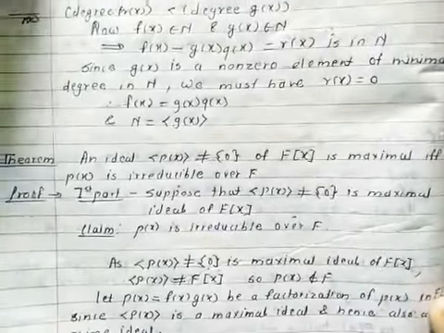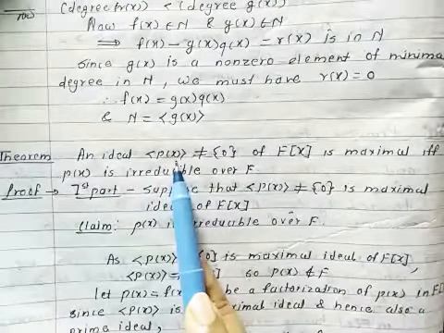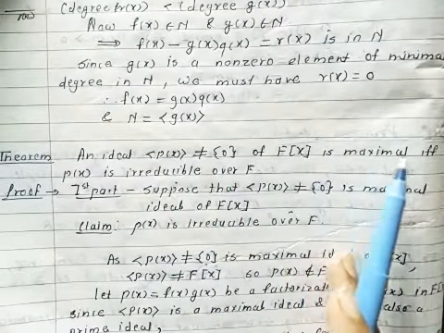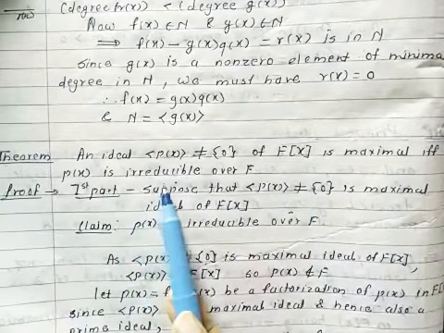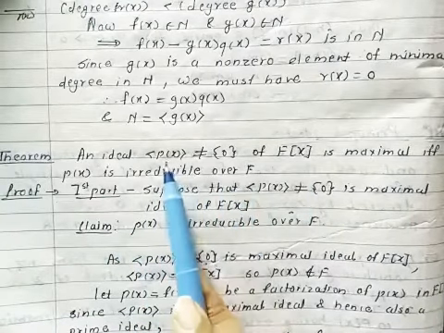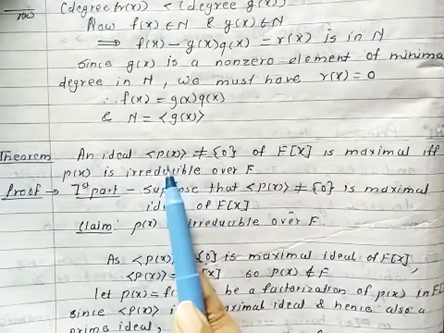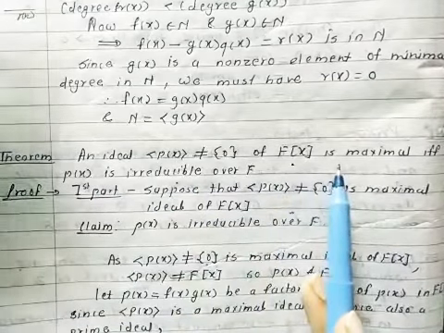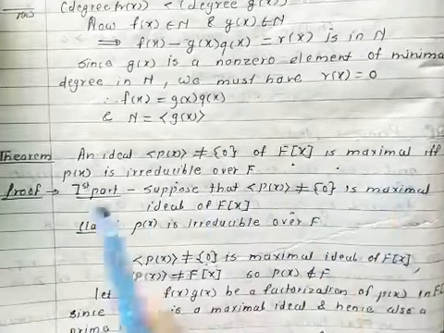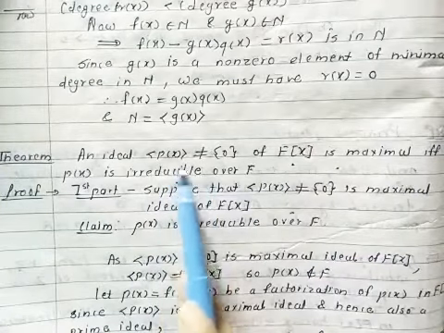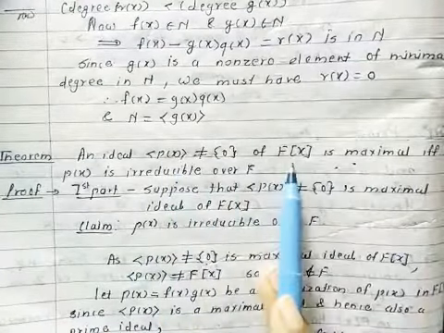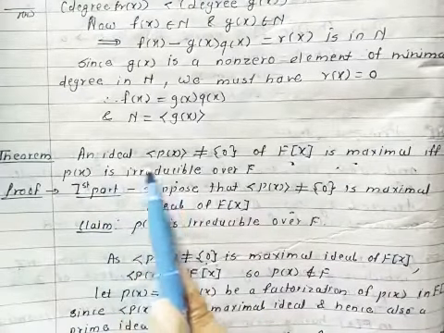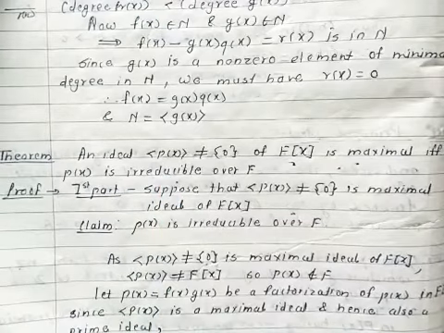The next statement is: an ideal generated by p(x), non-zero, in F[x] is maximal if and only if p(x) is irreducible over F. That is, if this ideal is maximal, then p(x) is irreducible. Conversely, if p(x) is irreducible, then the ideal generated by p(x) will be a maximal ideal.